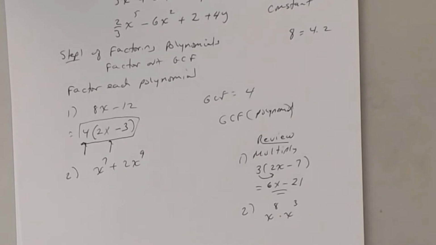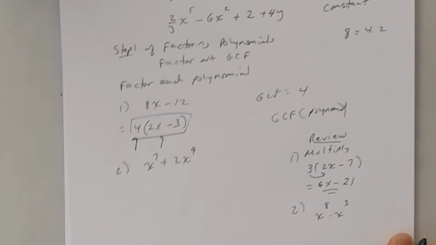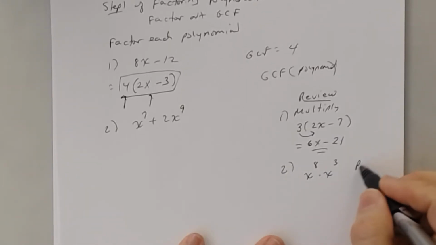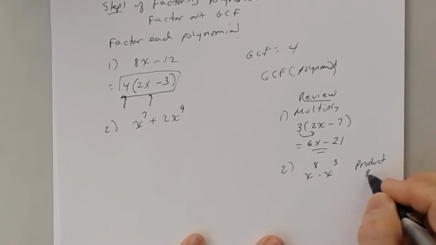One of the things you learned last semester when you multiply variables was that if the bases are the same, you add the exponents. That was called the product rule for exponents.